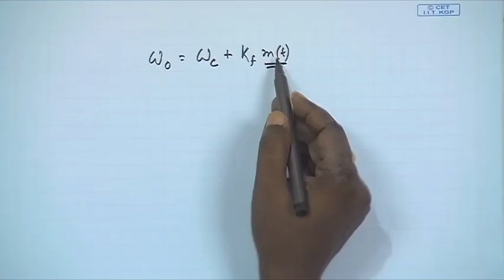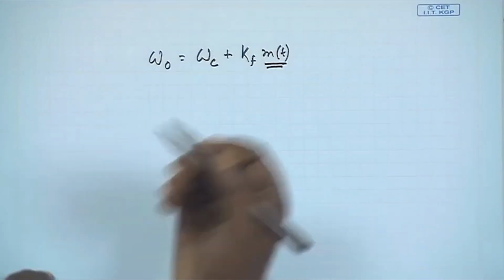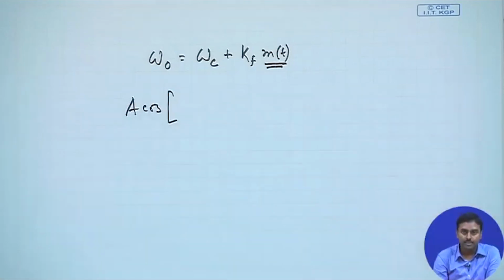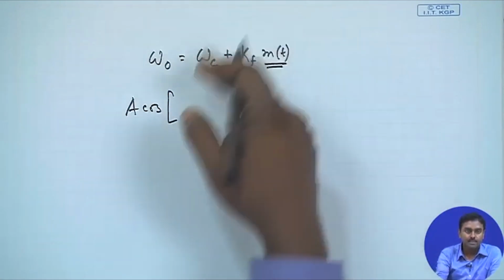So, if you now start giving an input voltage mt into that varicap, immediately the output oscillation that you get must be an FM modulated signal, because the oscillation frequency follows mt, suppose it generates a cos of some frequency. So, that must be this.